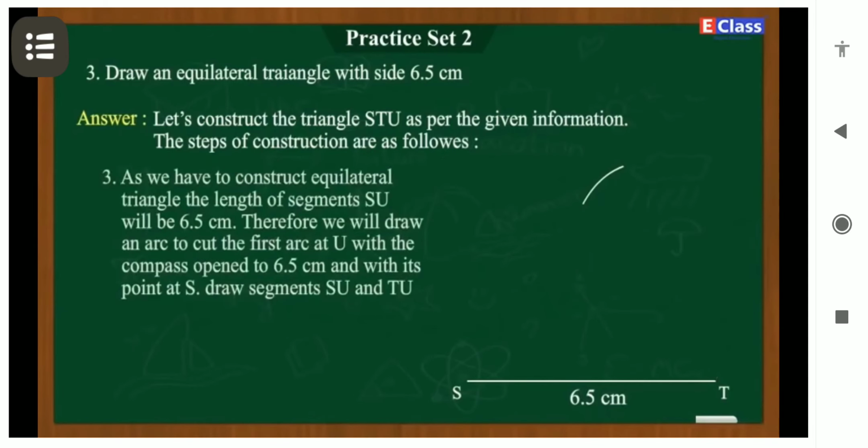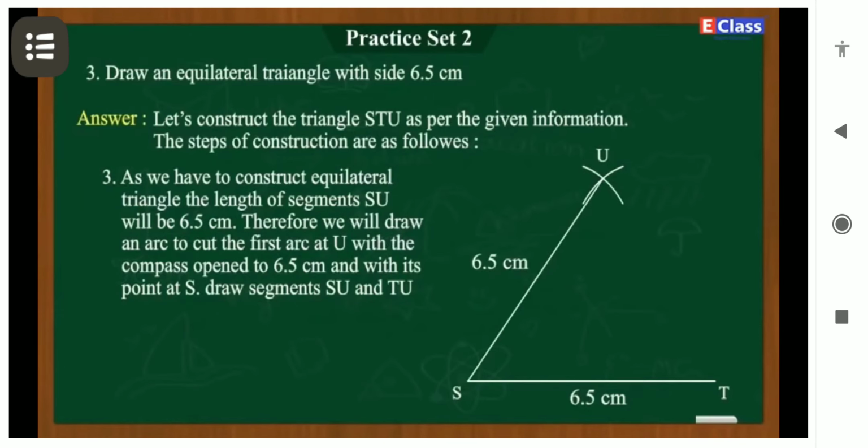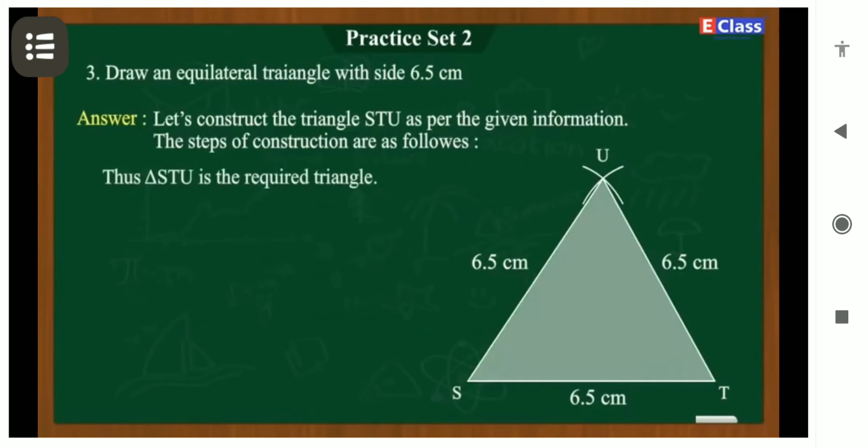As we have to construct an equilateral triangle, the length of segment SU will be 6.5 centimeters. Therefore, we will draw an arc to cut the first arc at U with the compass opened to 6.5 centimeters and with its point at S. Draw segments SU and TU. Thus, triangle STU is the required triangle.